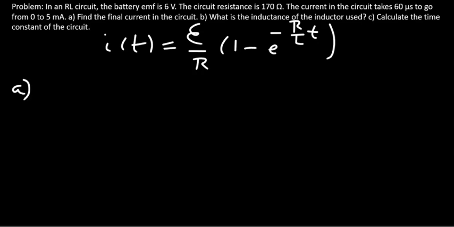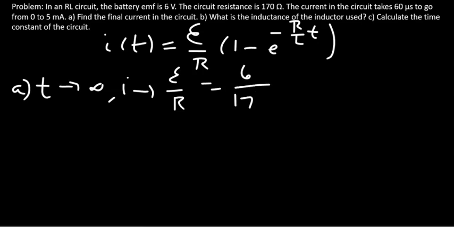Part A asks us to determine the final current, namely when t tends to infinity, the current goes to the value of E over R. E is 6 volts. Resistance is 170 ohms, so 6 over 170 is 0.0353 ampere.